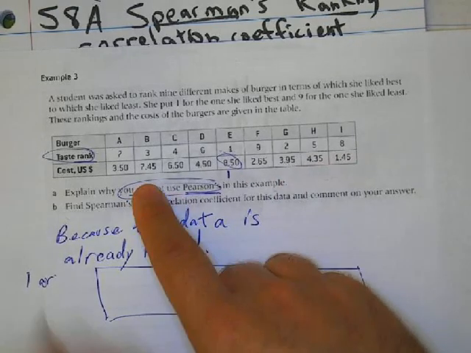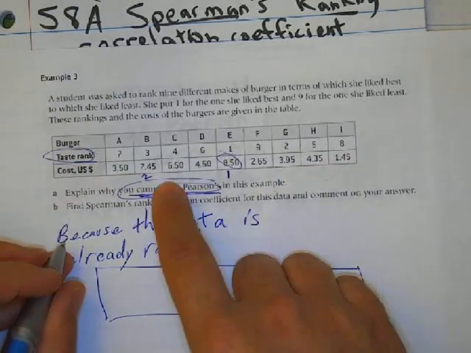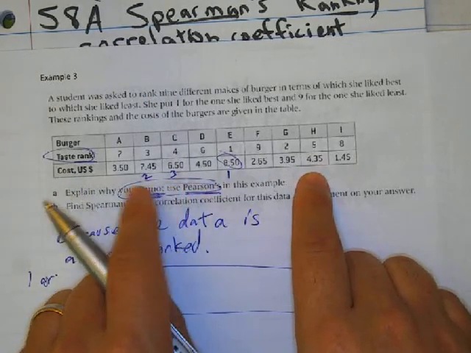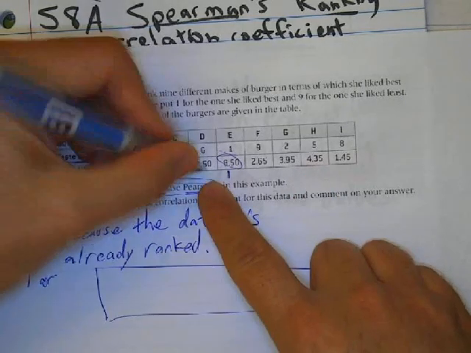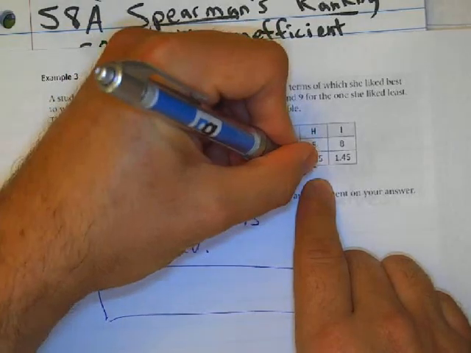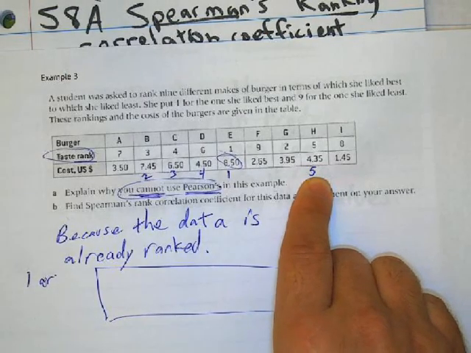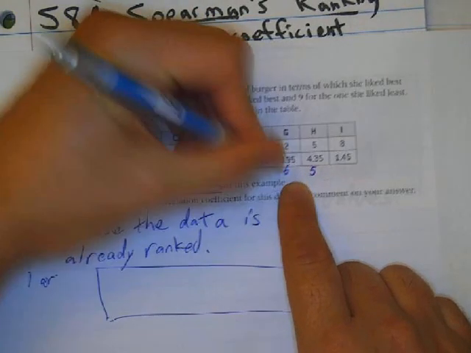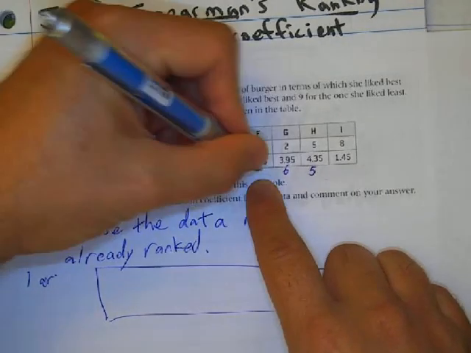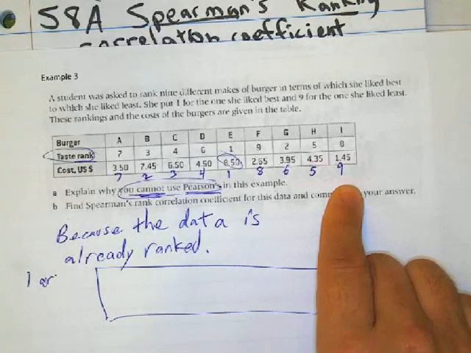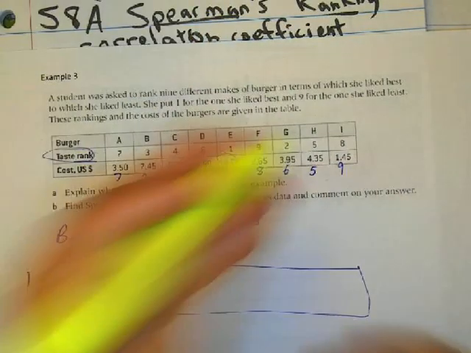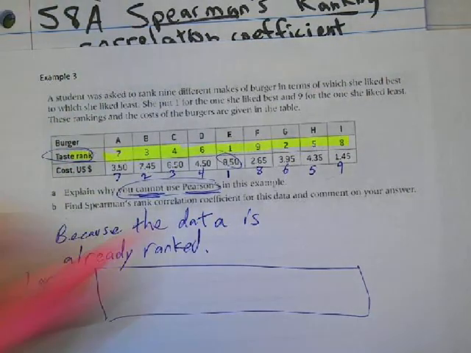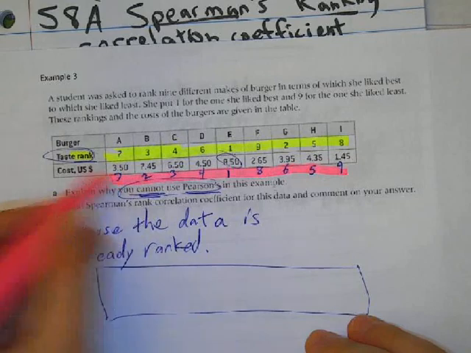So this is going to be 2. This is going to be 3. What's the next largest one? This is going to be 4. This is going to be 5. This one's going to be 6, this one's going to be 7, this one's going to be 8, this one's going to be 9. Okay, so these are my X values. Like I said, it's already ranked. These are going to be the Y values for cost.